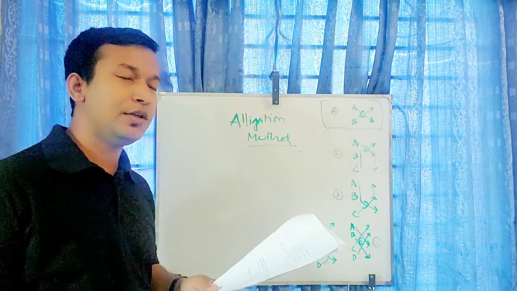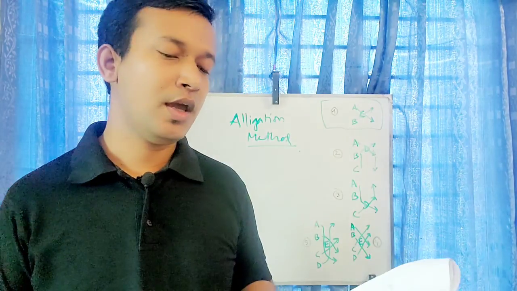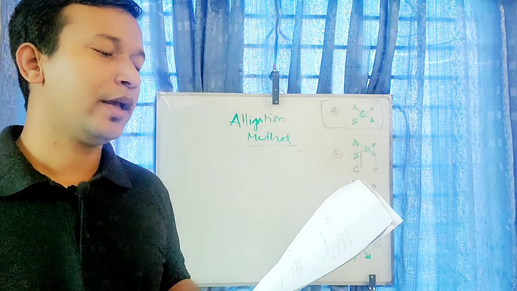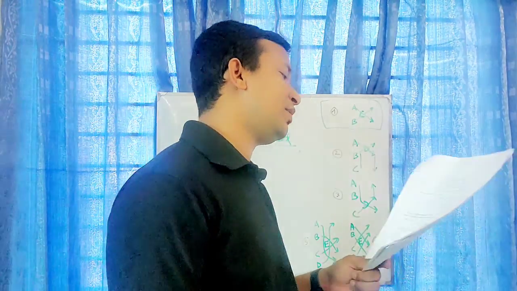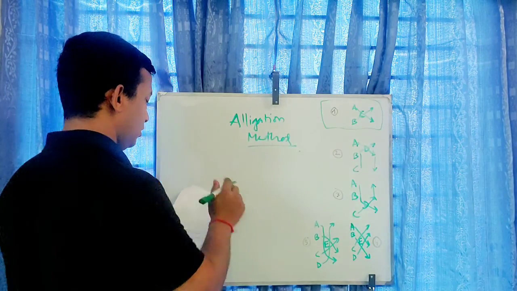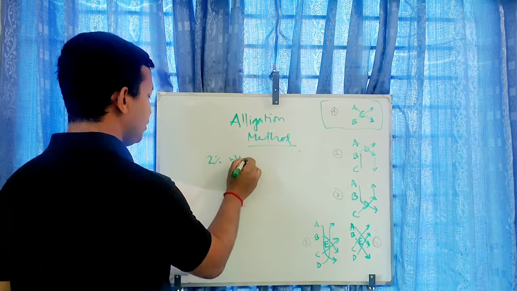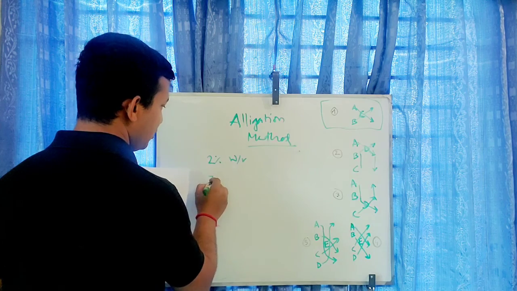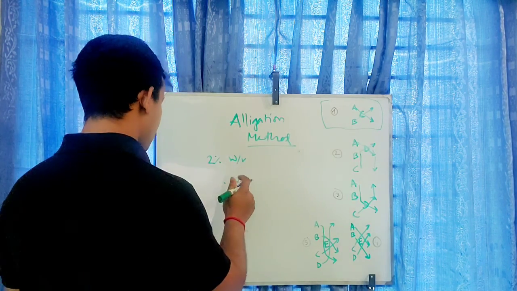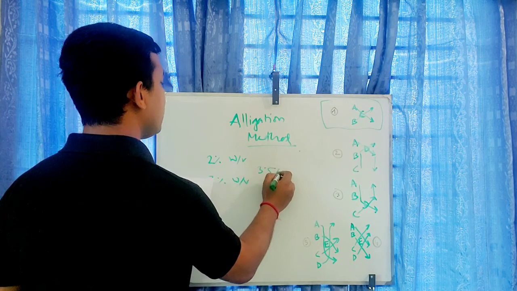How many milliliters of each of a 2% W/V solution and a 7% W/V solution should be used in preparing 1 gallon of 3.5% W/V solution? So it's very interesting. We can write it: a 2% W/V solution and a 7% W/V solution of a certain thing are mixed together, and the final solution is 3.5% W/V.